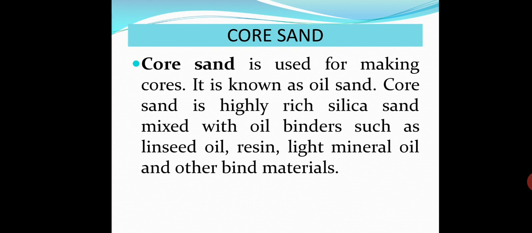Oil binders such as linseed oil, resin, light mineral oil and other binding materials are added to silica when we are preparing core sand. So core sand is also known as oil sand because of its high percentage of oil binders, and this sand is used to prepare cores.